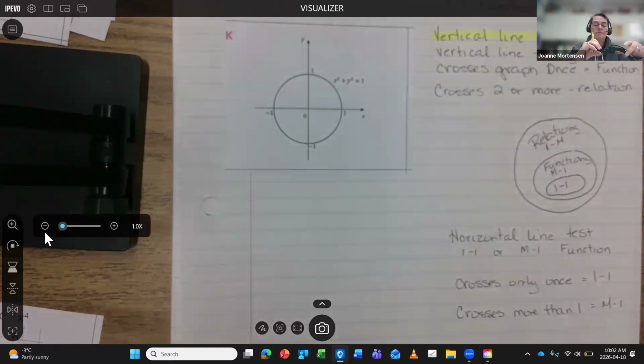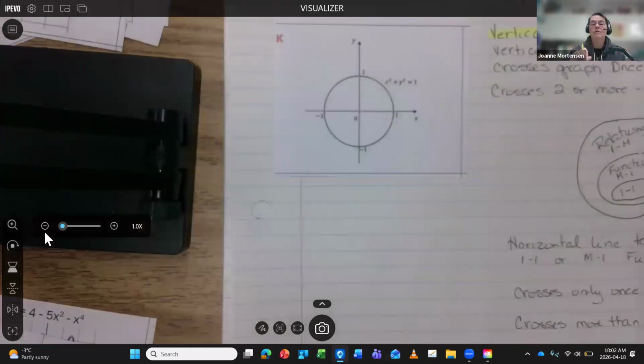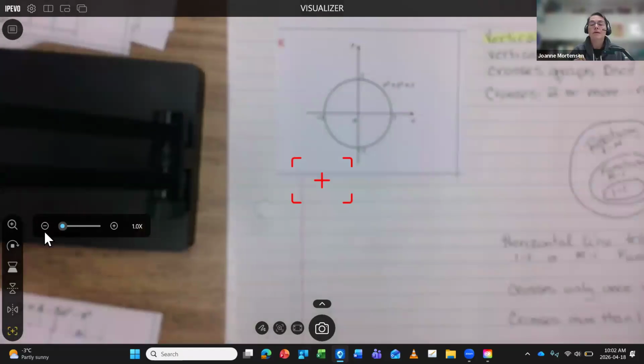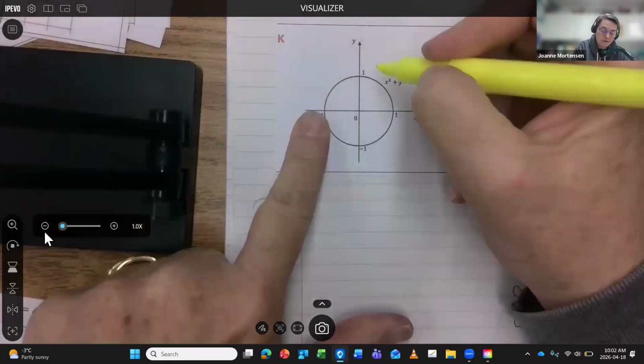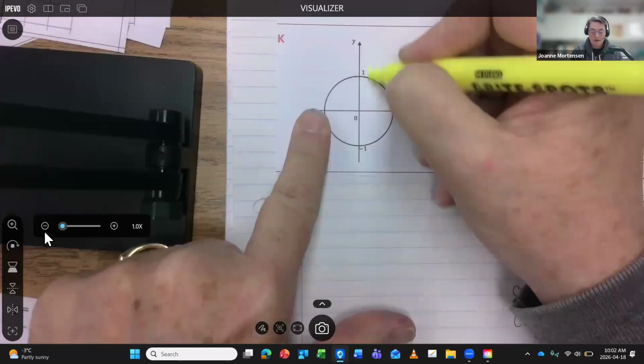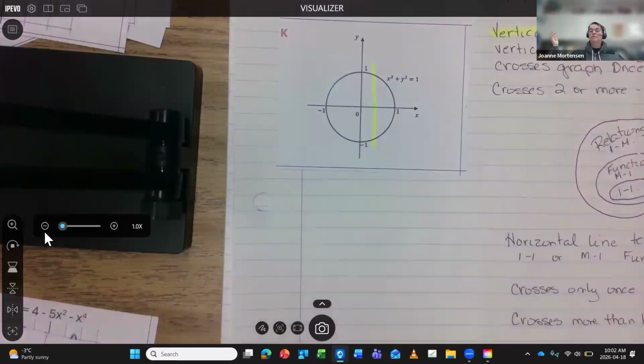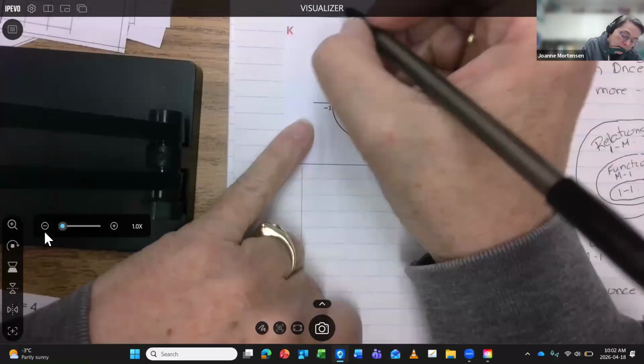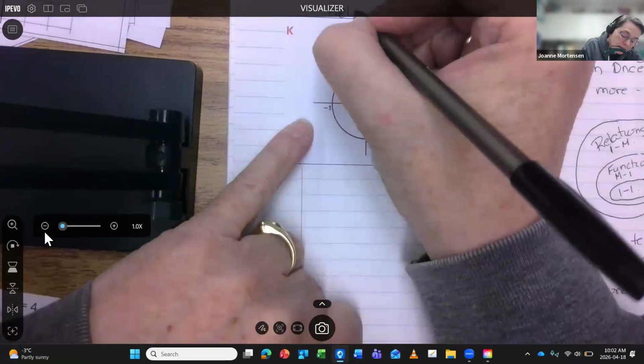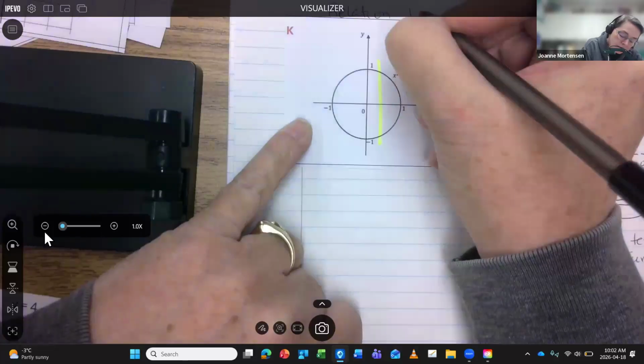Draw the vertical line. There we go. Done. It's a relation, which means it's one to many.